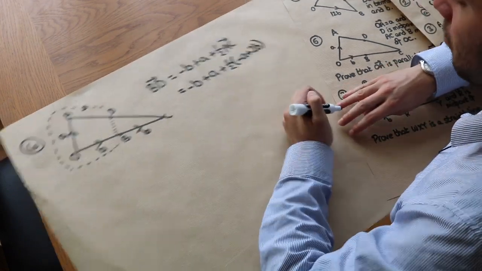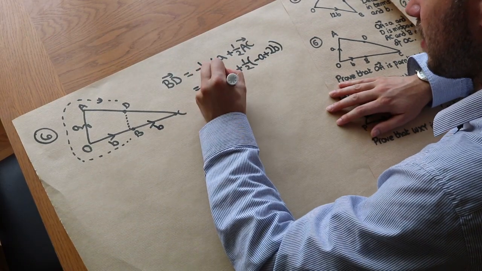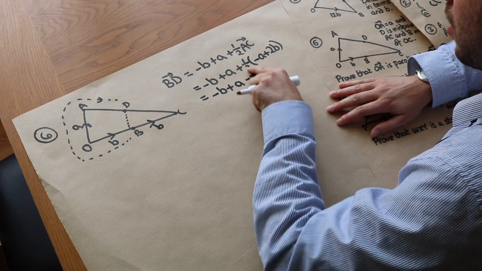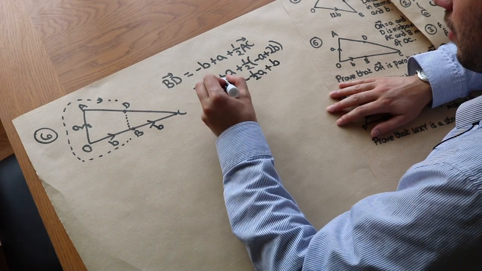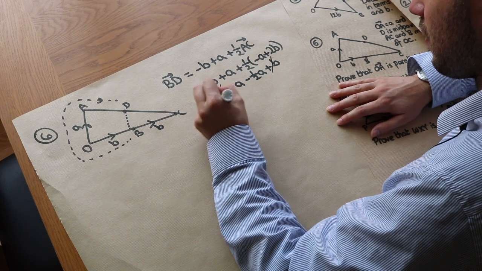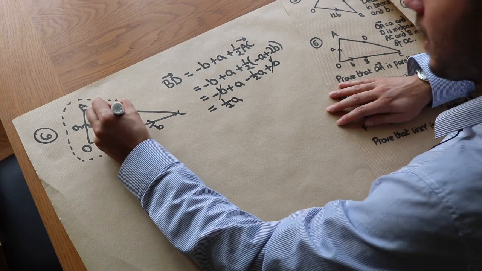So we have a bracket within a bracket there. Then we need to expand and simplify that. So minus B plus A minus half A, and then half times 2B is plus B. Can you see that the B's cancel, the minus B plus B, so we're just left with A minus half A, which is half A. So that whole vector there was just half A.